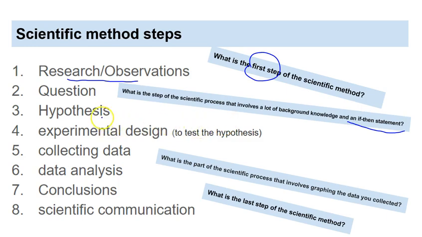After making the hypothesis, we test it through designing the experiment. Collecting data happens through the experiment, and when we analyze the data through graphing or something like that, we call this data analysis. And the last step of the scientific method is called scientific communication.